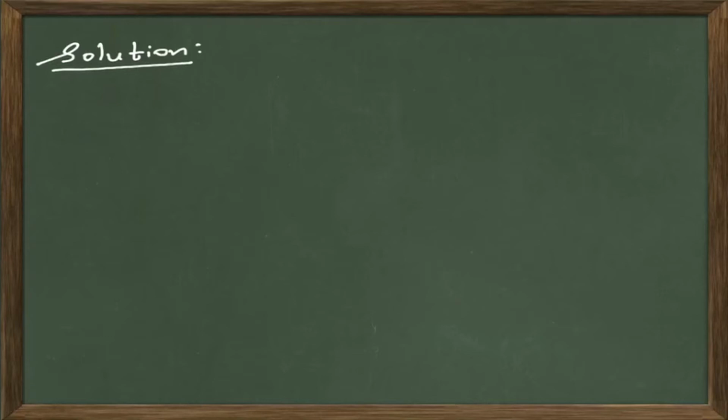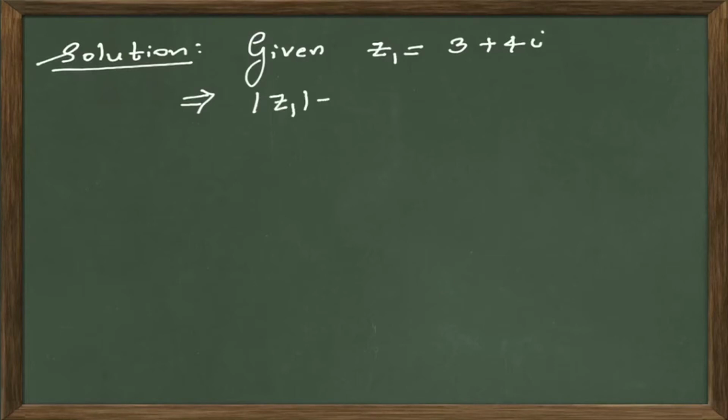First of all, we are given a complex number Z1 equal to 3 plus 4i. This implies that its absolute value is equal to square root of 9 plus 16, which is equal to 5.